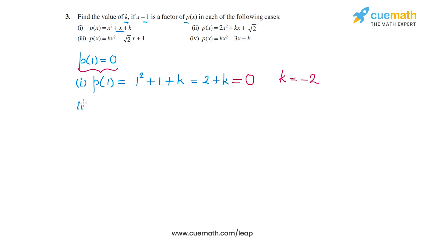In the second part, let's calculate p(1) again. So p(1) in the second case will be obtained by substituting x equal to 1 into the second polynomial, 2x squared plus kx plus root 2.